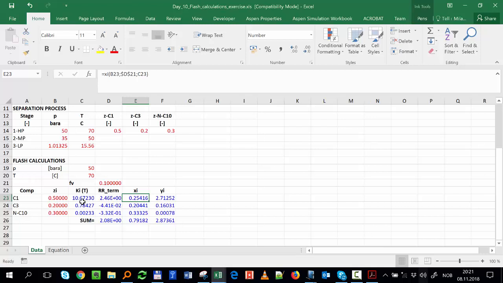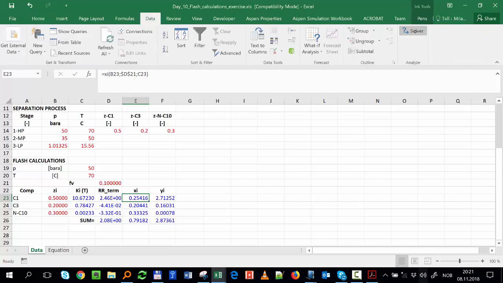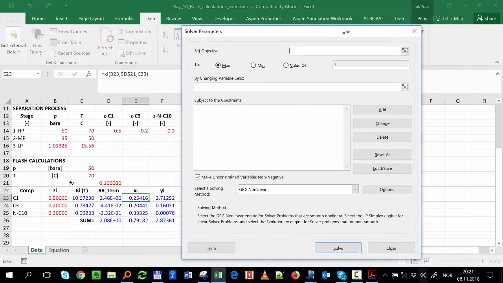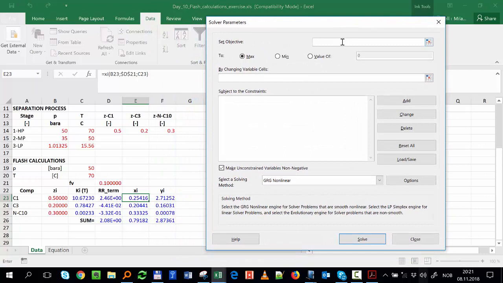Now, what do we use? Solver. We don't want to start trying numbers randomly, so we use solver. So go to data, solver, and we ask our mighty solver, please drive the sum of all of these K's to be equal to 0.